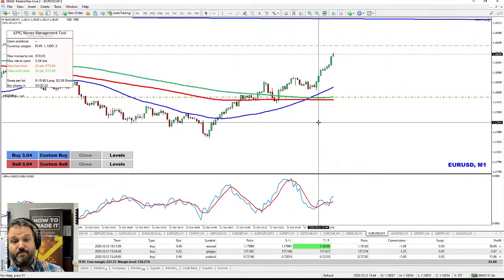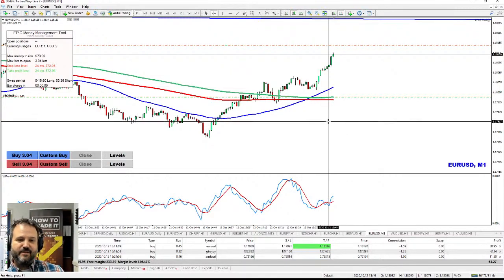Well, I hit a 10 pip trade for $70 and lose a 40 pip trade for $10, and it shows that I lost 30 pips, but I still made 40 bucks. That happens to me all the time. So you could ask these guys and say, "Oh, yeah, I made 50 pips," but you lost money, so who cares?